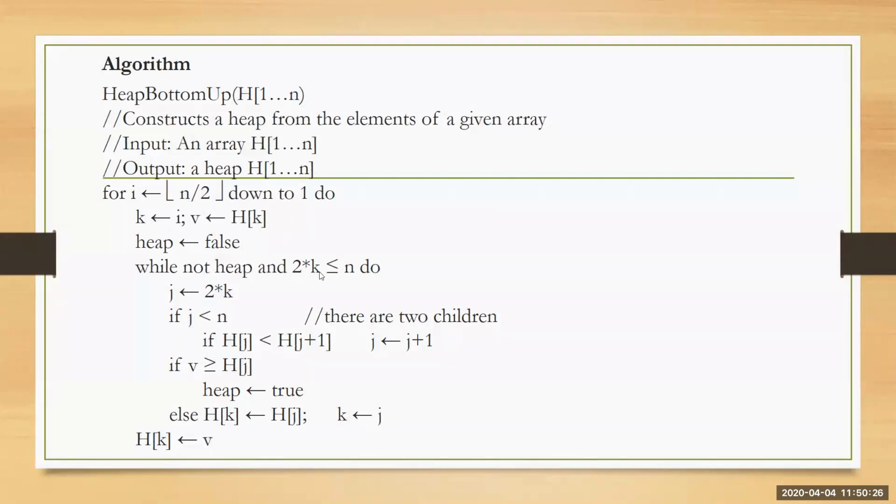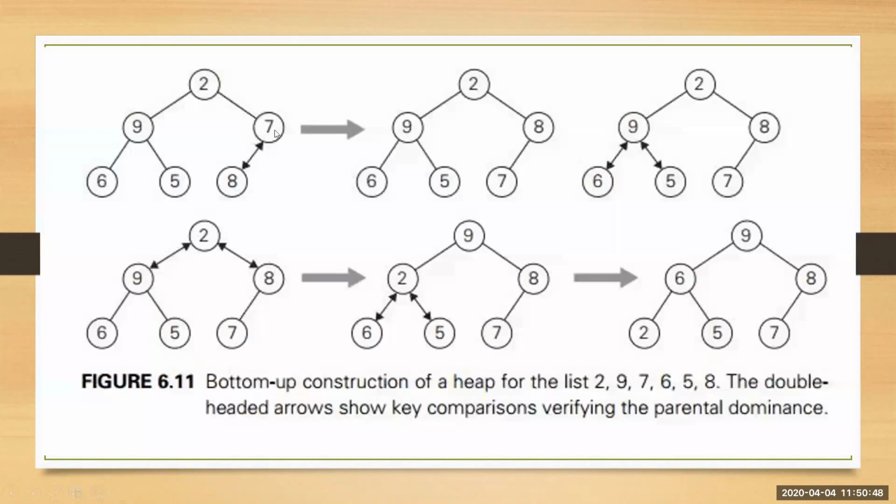So why is this being done? You are checking whether it contains a child node. For that purpose, you are using this statement. For example, if you take the example of that diagram, k is 3 and V is 7, and 2 into k is 6.